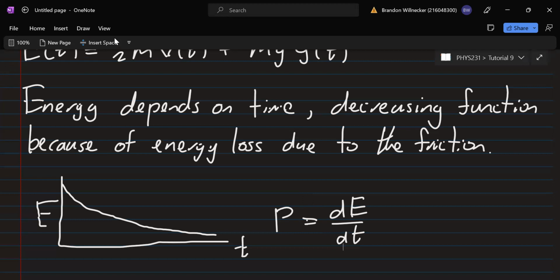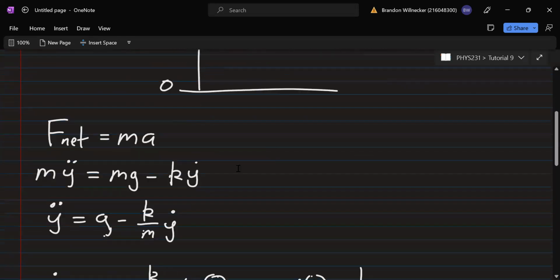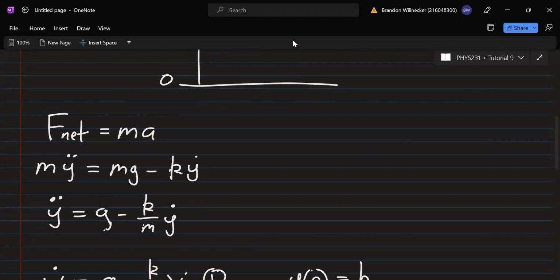And then question 4 is the theoretical solution. So we can see from the equations of motion over here that we have a linear second-order differential equation, which means we can use those methods that we looked at in the previous chapter to solve this.